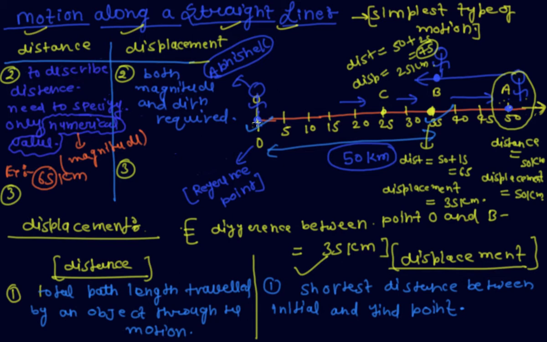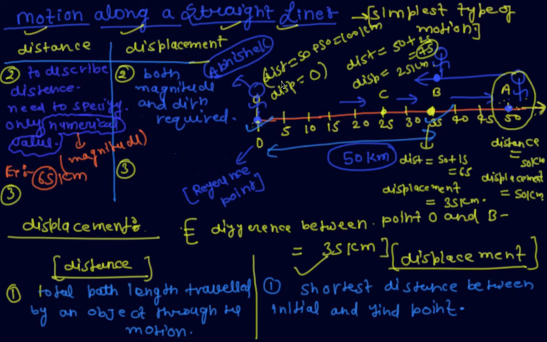Now Abhishek moves from point O to A and then back to point O, then distance is 50 plus 50, equal to 100 km, and displacement is the shortest distance between initial point and final point, and in this case they are the same, so displacement is 0.